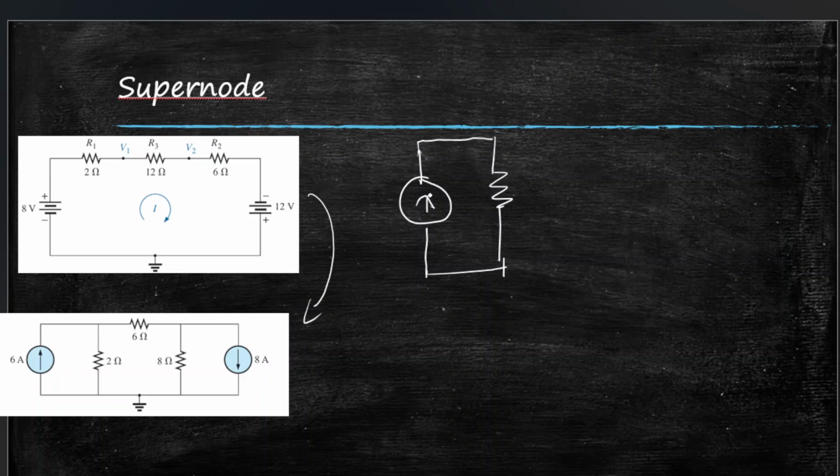So this will be 2 ohm as it is, and I is equal to V over R, so 8 over 2, it will be 4 amperes. And then this resistor will be the same, so 12 ohm.